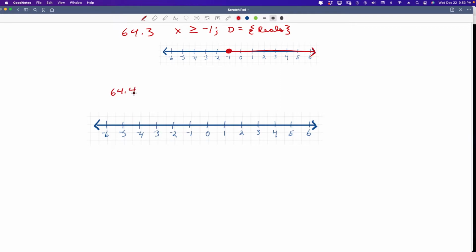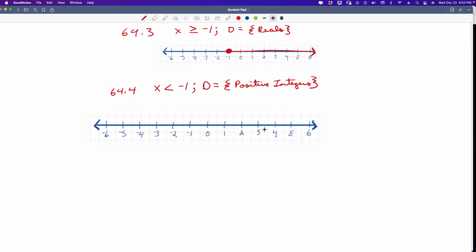64.4 says that x is less than -1, and our domain is equal to positive integers.